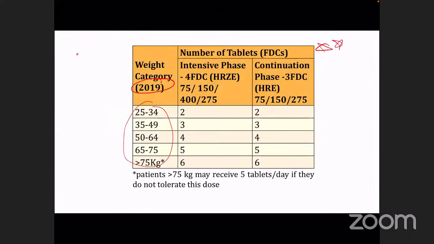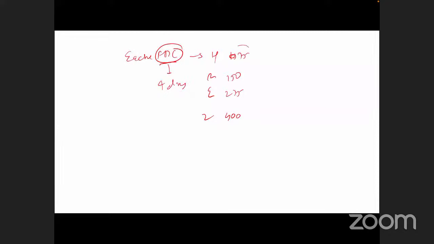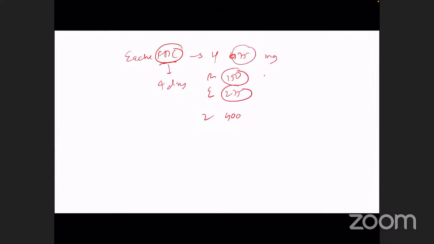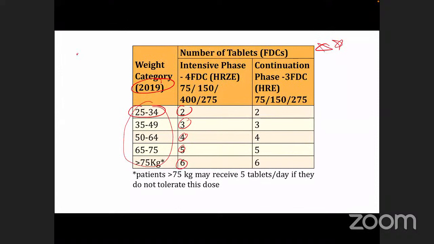Each FDC tablet of the 4 drugs contains 75 mg of isoniazid, 150 mg of rifampicin, 275 mg of pyrazinamide, and 400 mg of ethambutol. Just remember this dose and these categories, 2, 3, 4, 5, 6.